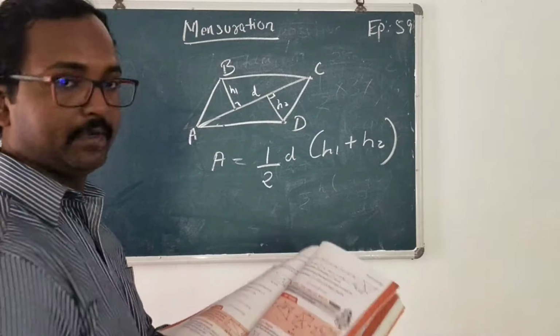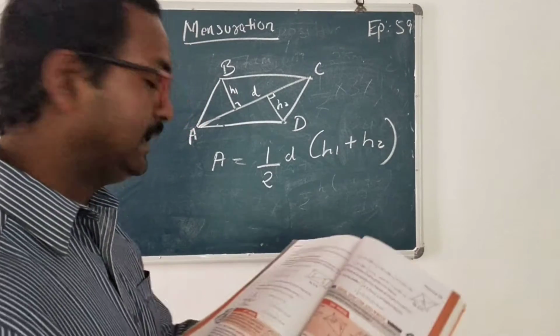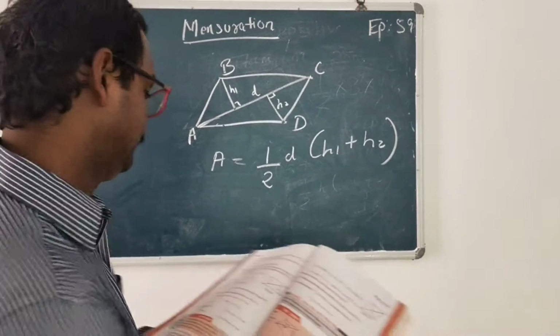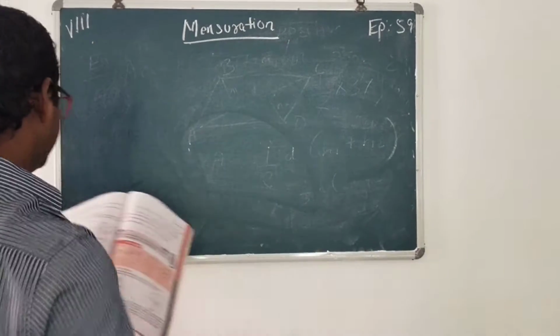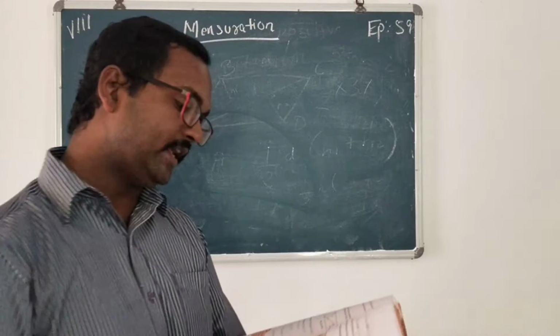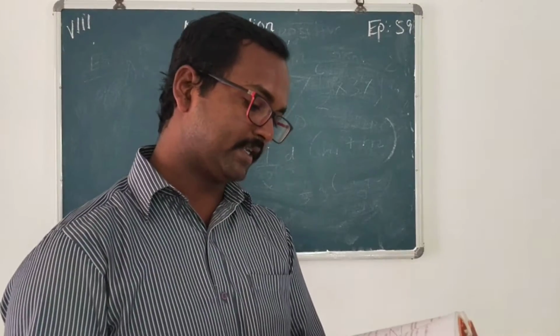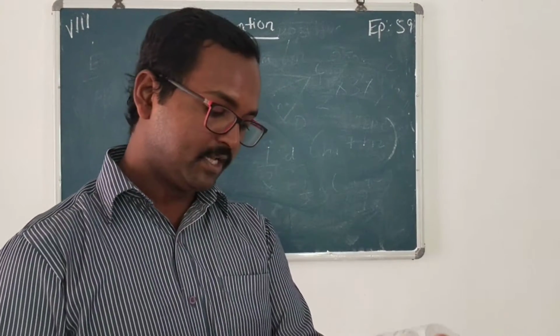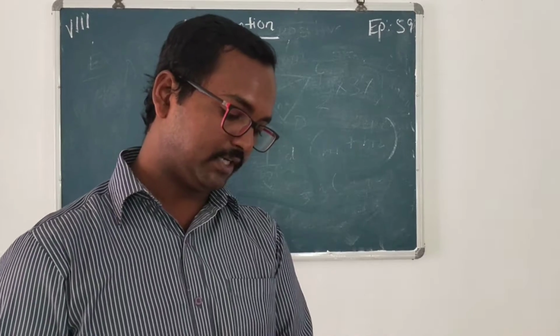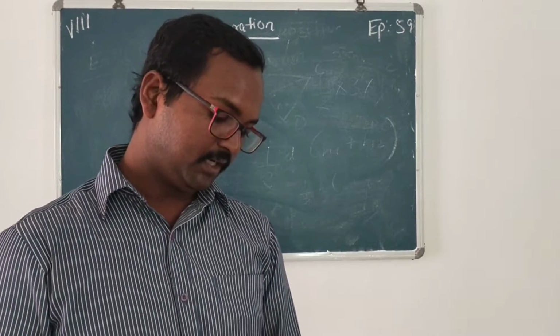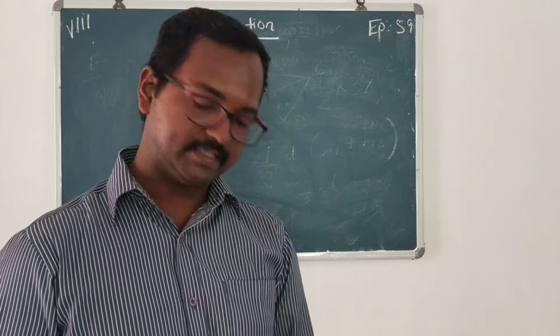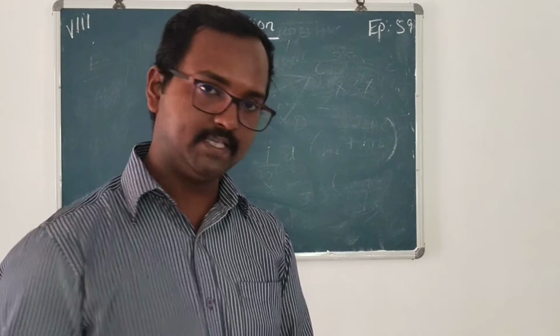Look at example 1, page number 174. Example 1 is: find the area of a quadrilateral PQRS shown in figure 11.11. As soon as you see the figure, you will understand the diagonal is 5.5 centimeter, and one of the heights is 2.5 centimeter, and the other height is 1.5 centimeter.